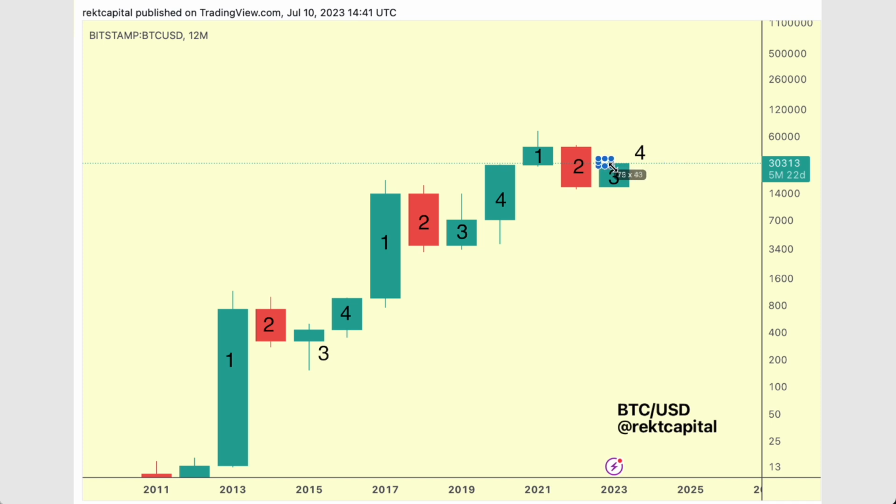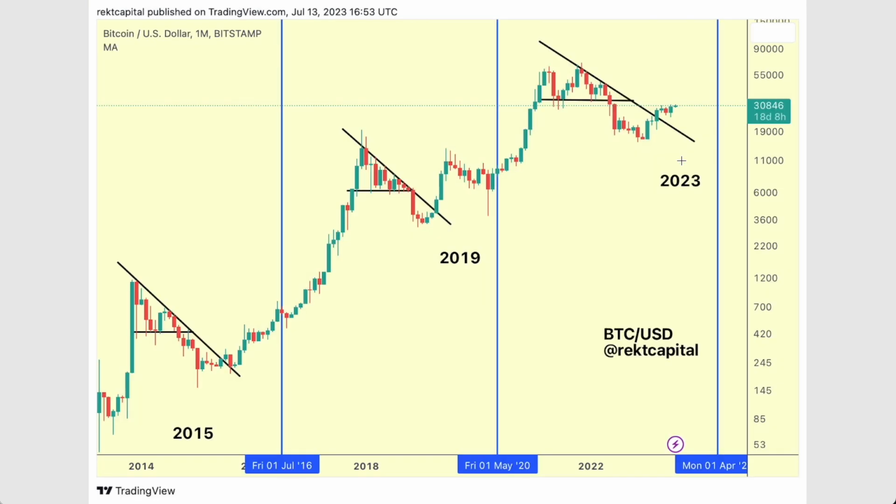But in the meantime, we have a bit more upside to enjoy, and then some retracement, perhaps going into 2024, some downside volatility into perhaps the 20K region, maybe mid 20K, sub 20K if we're lucky, before recovery, and then new all-time highs at the latest in candle 1, so in 2025, and at the earliest in the second half of 2024. So that's about it for the 4-year cycle.